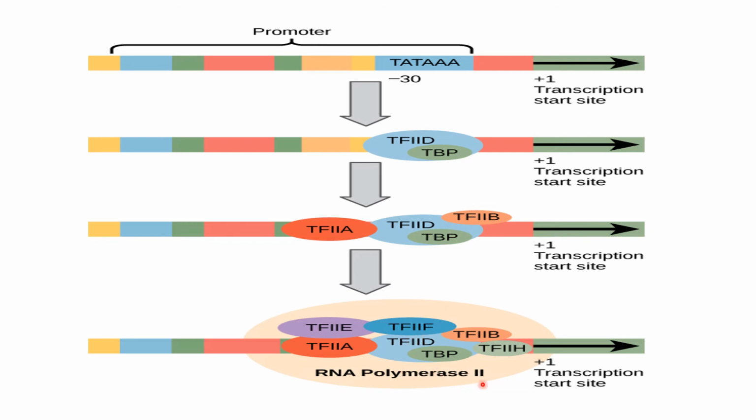Then comes the recruitment of TFIIF along with RNA polymerase II. RNA polymerase II is not recognized alone. The holoenzyme of RNA polymerase in eukaryotes is not recognized along the promoter region, but it requires certain transcriptional factors. Interaction of these transcriptional factors with RNA polymerase II will initiate the transcriptional process in eukaryotes.